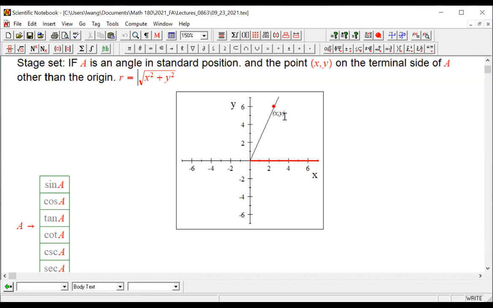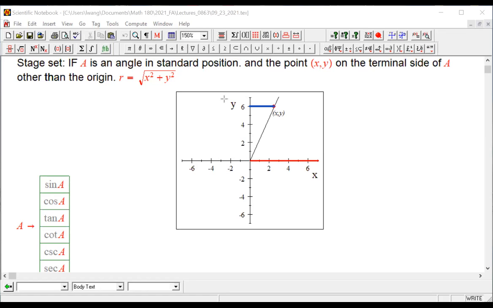What is the visual for x? What is the visual for y? Very basic: x is the horizontal measurement, because we're in the rectangular system, the horizontal measurement from the origin to the point.